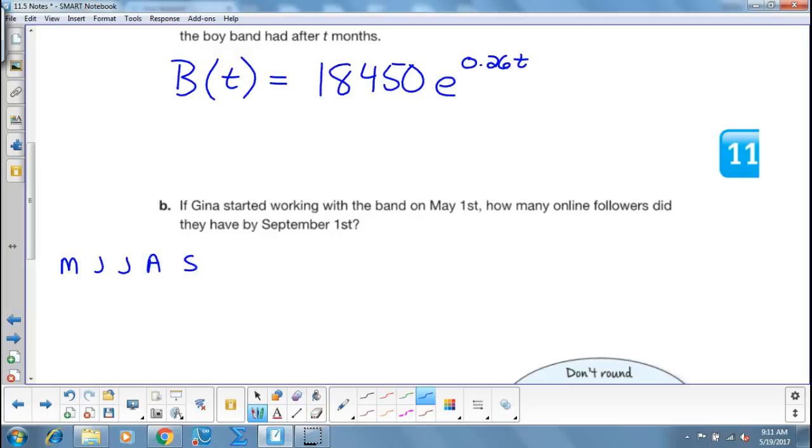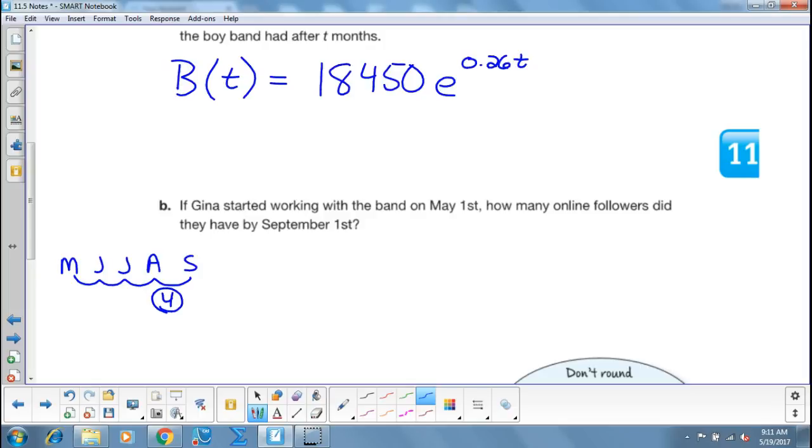Did I miss a month? I don't think so. So 1, 2, 3, 4. May 1st to June 1st is 1, to July 1st is 2, to August 1st is 3, to September 1st is 4.